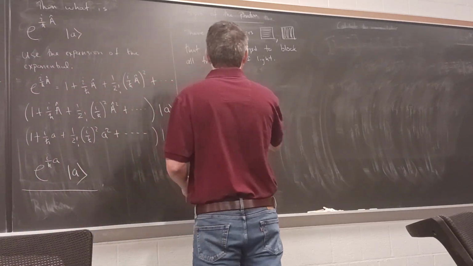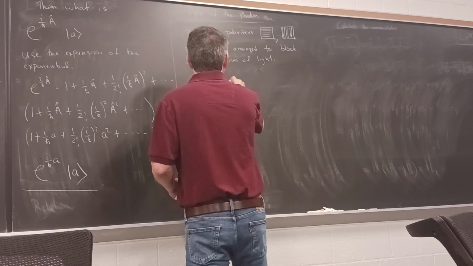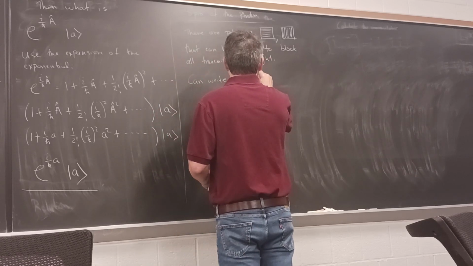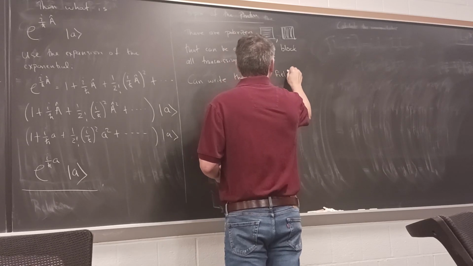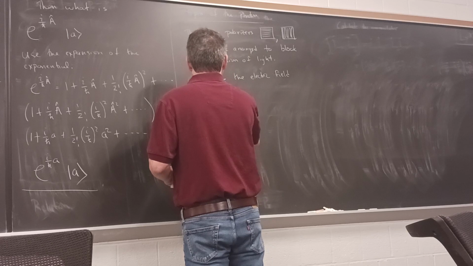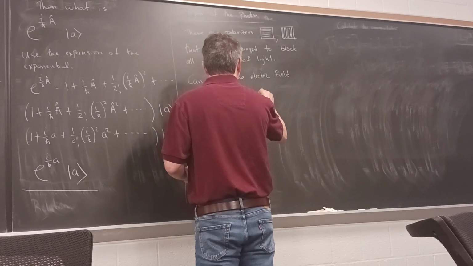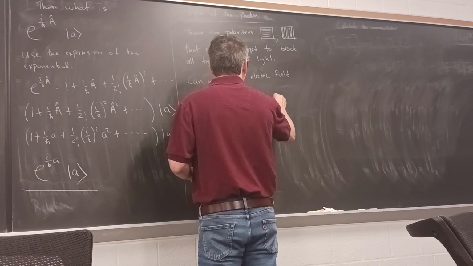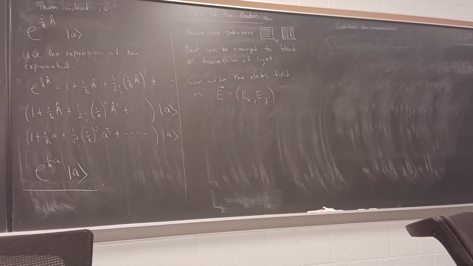Okay, so we can write the electric field as a vector, say Ex prime and Ey prime, if we call our coordinate system the X prime, Y prime coordinate system.